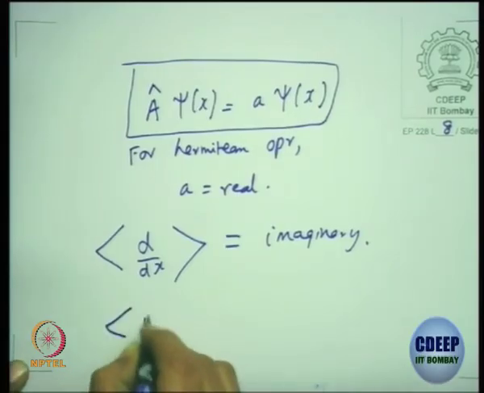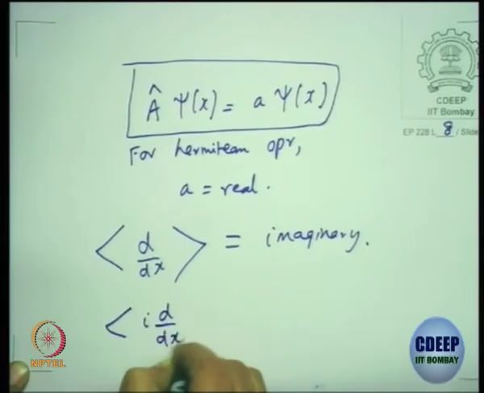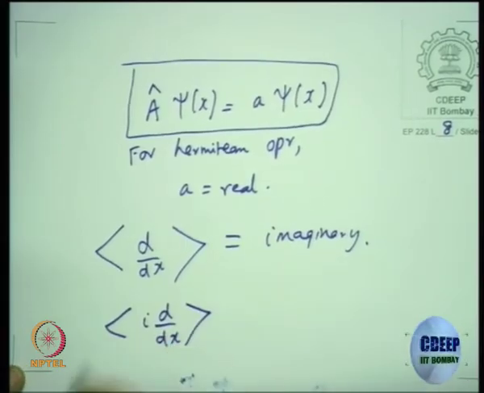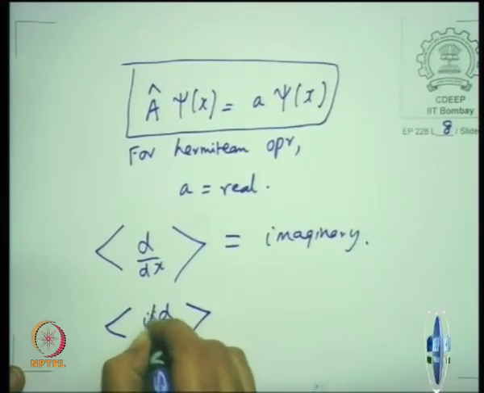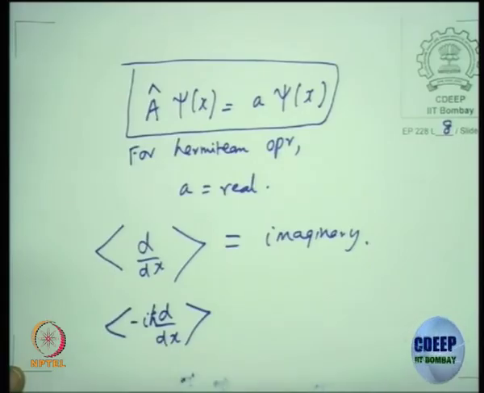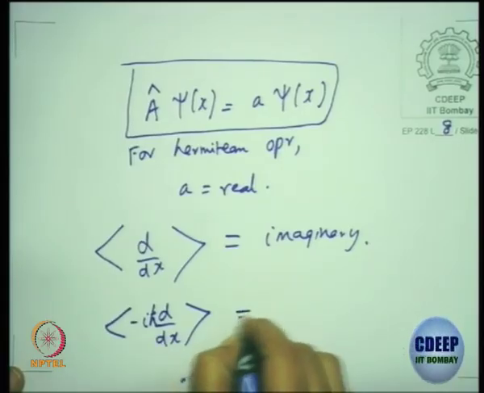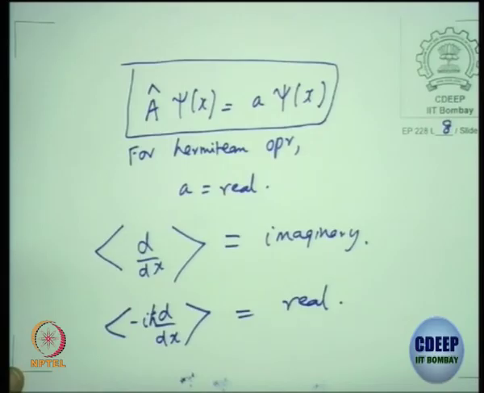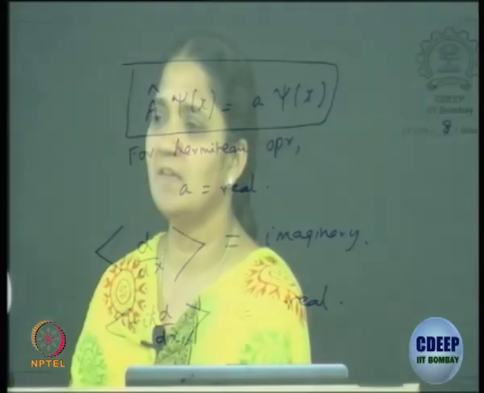So that's why we do this, i d by dx. Of course, with dimensional things you have an h cross also with a negative sign. This will be real. I am sure you would have done it in one of the assignment problems. The expectation value of del by del x is imaginary. Have you done this or no? If you have not done it, please do it.